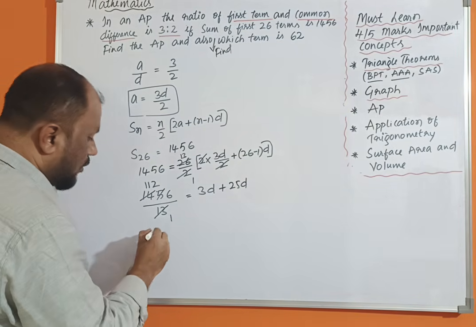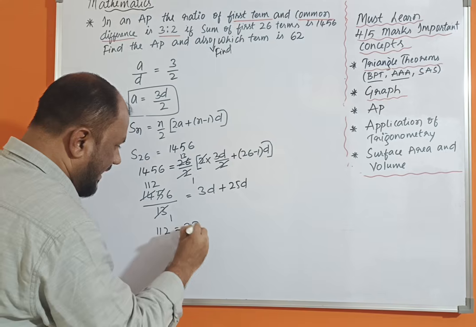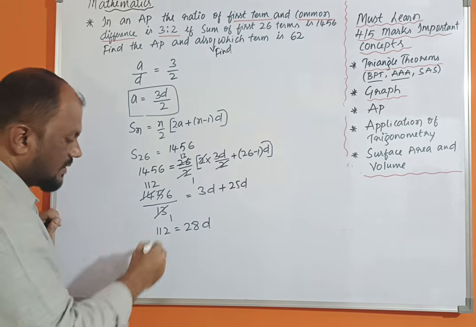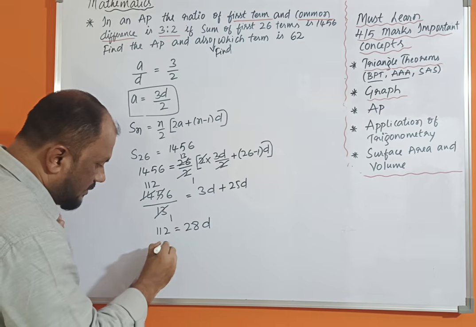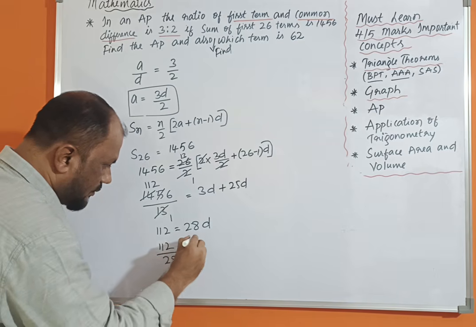So we got 112 is equal to 28D. So 112 by 28 is equal to D.